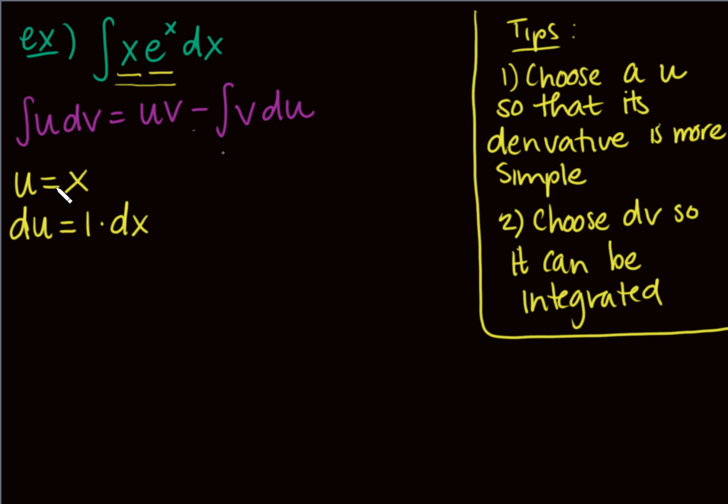So in this case, I've let u equal x. What is left over for dv? Now dv must include the dx, so what do I have left over?